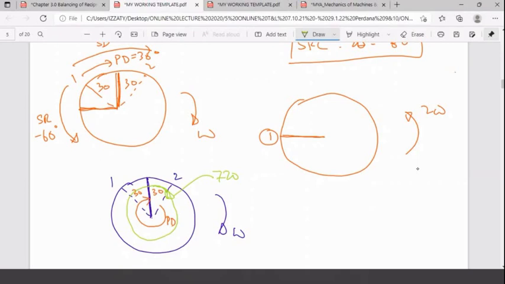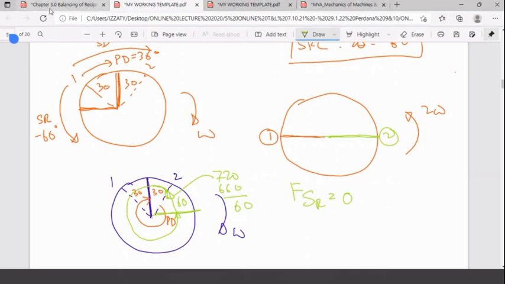You only want 660, isn't it? So 720 minus 660, you'll be getting 60 degrees. 60 degrees will fall here. So 2 will be here. Isn't it? So your secondary reverse is equal to 0.